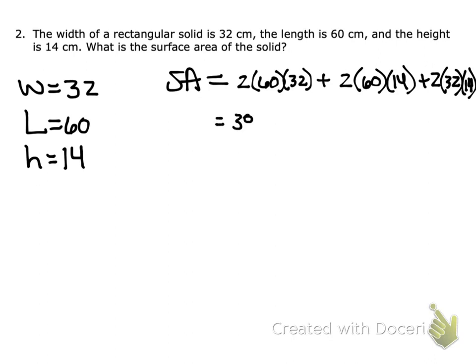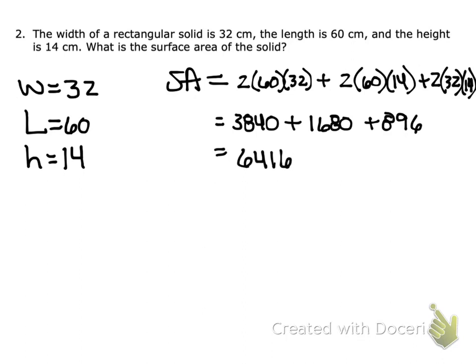So this would be 3,840 plus 1,680 plus 896. And all of that added up would be 6,416 centimeters squared. Any questions?